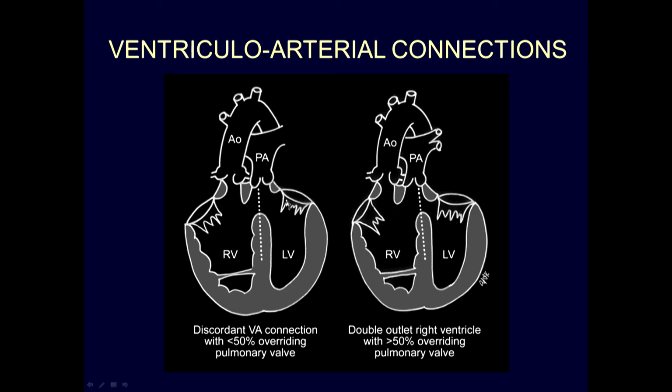When the semilunar valve overrides the septum, the 50% rule is also applied. In this case, the PA is committed more than 50% to the LV, so this is the discordant VA connection. And in this case, the pulmonary artery is more committed to the right ventricle, so this is double outlet right ventricle.